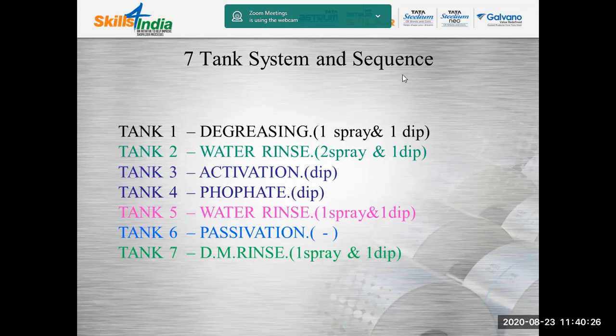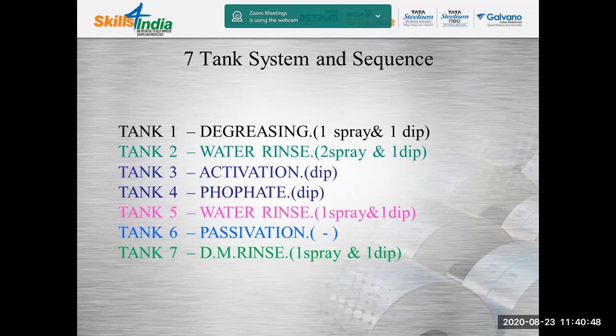Number one is degreasing, whether spray or dip. The second tank contains water for rinsing the grease chemical. Tank 3 is activation. Then tank 4 is phosphating.